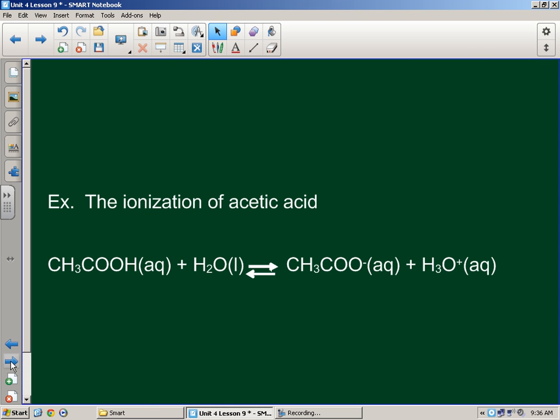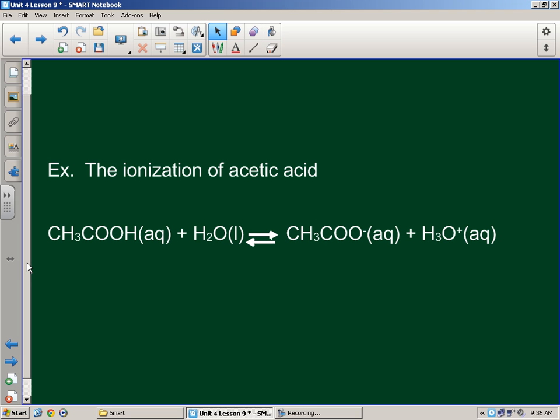All right. The ionization of acetic acid, for example. What we're going to do is name the conjugate acid-base pairs for this. Once you get that copied down, I want you to write out the Bronsted-Lowry acid and base.